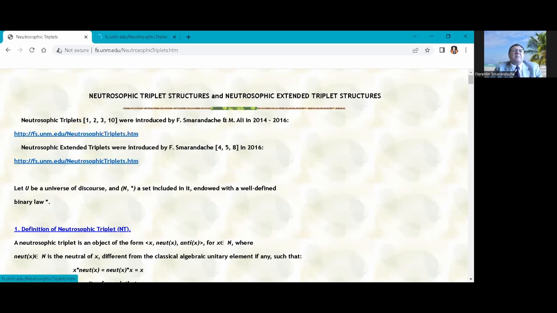So the Neutrosophic triplet structures: we have a set which has many elements, such that each element has a neutral element with respect to the given binary operation and an anti-element.